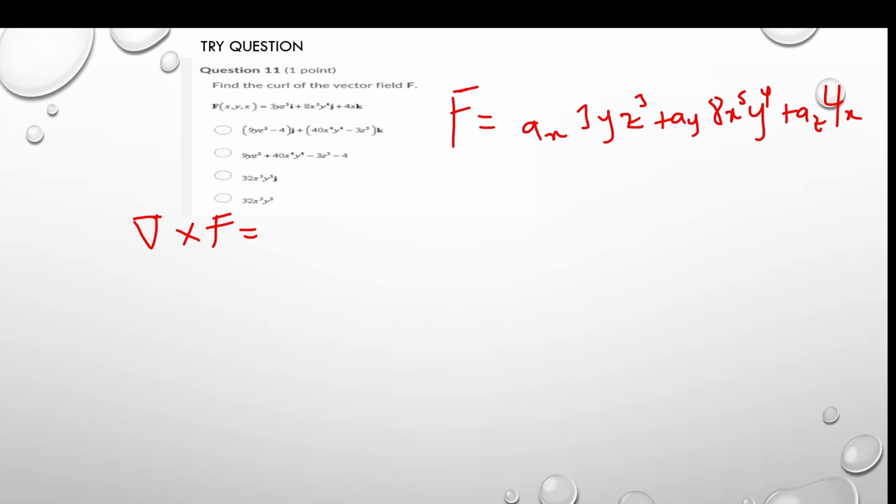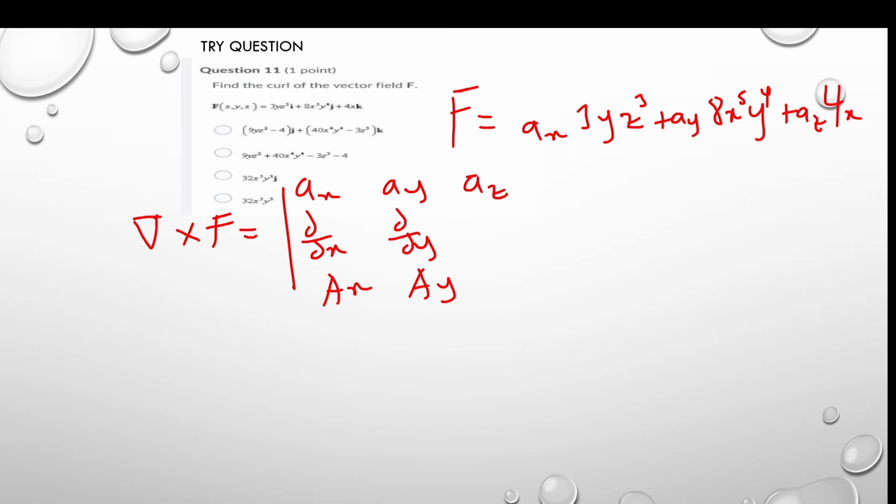Now we know in the Cartesian coordinate system, the curl is given by this formula. Right. So yeah, let's do our substitution, right?